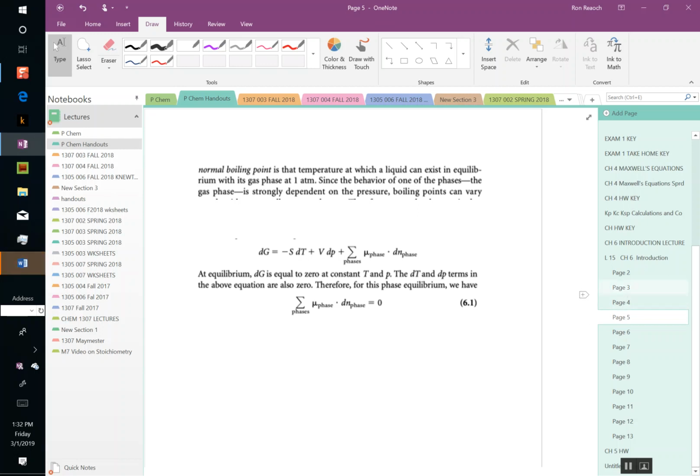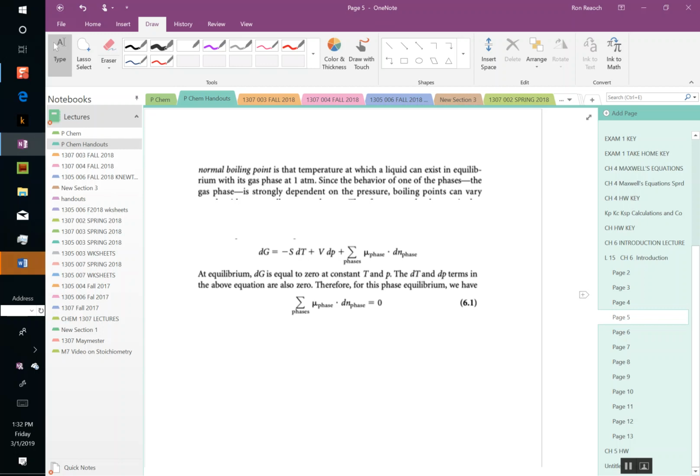The normal boiling point is where we actually have steam and water at equilibrium, and it is very pressure sensitive. We're typically looking at sea level, or 1 atmosphere.